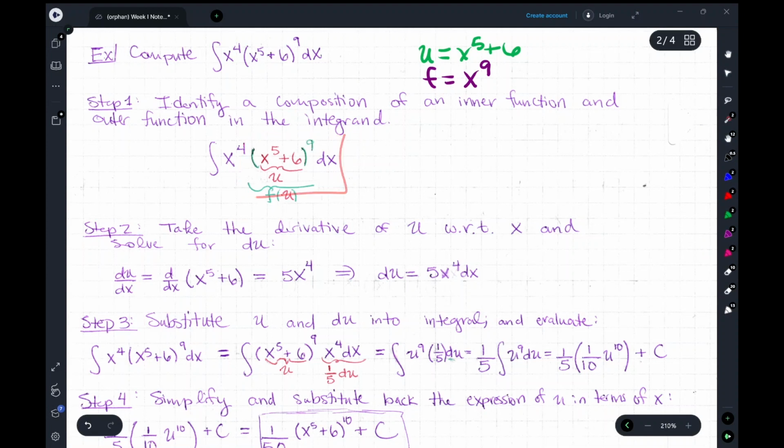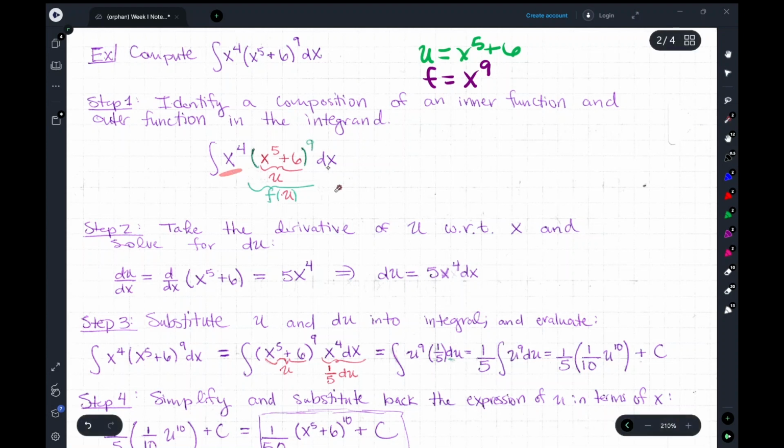So that's nice. Instead of writing this factor, x to the 5th plus 6 to the power of 9, we could just write it as f of u. It seems like we could do that for free, but be careful.